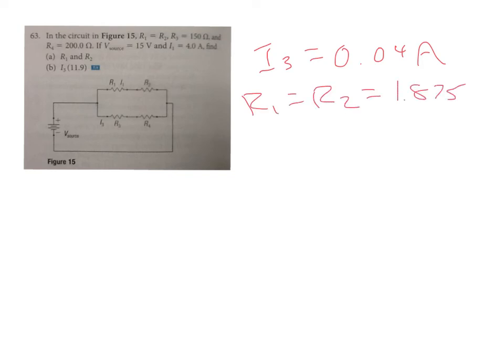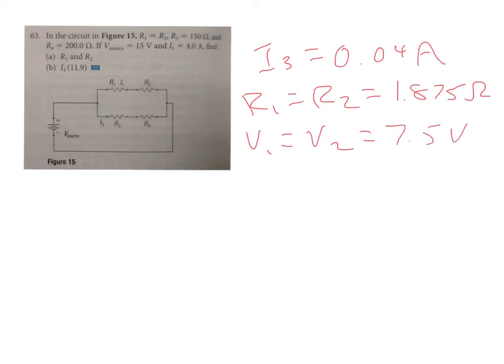All right, to recap what we've calculated with our basic knowledge of circuits: I3 was equal to 0.04 amps. R1, being equal to R2, was equal to 1.875 ohms. V1, being equal to V2, was equal to 7.5 volts.